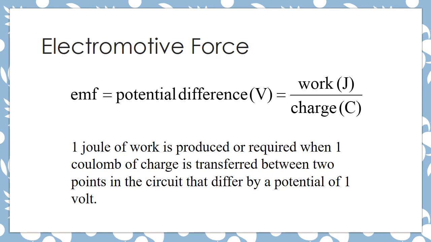I know that doesn't mean much since we haven't talked about coulombs or joules in chemistry, but I just want you to understand that there is this potential difference that's created, we call that voltage, and that voltage can be used to do work. And I think that's the end of the slideshow.